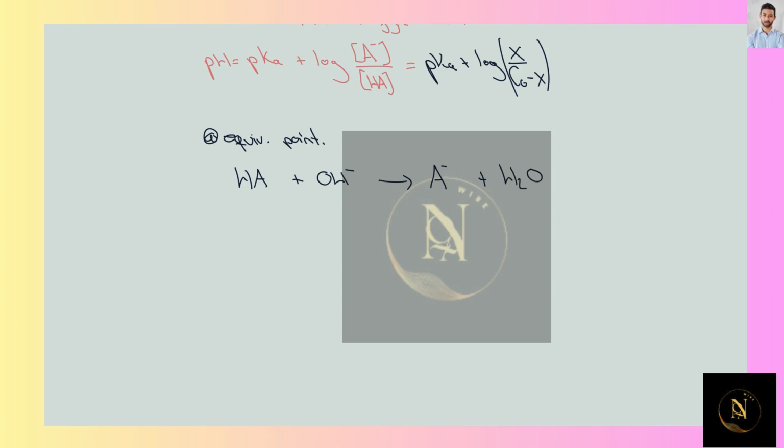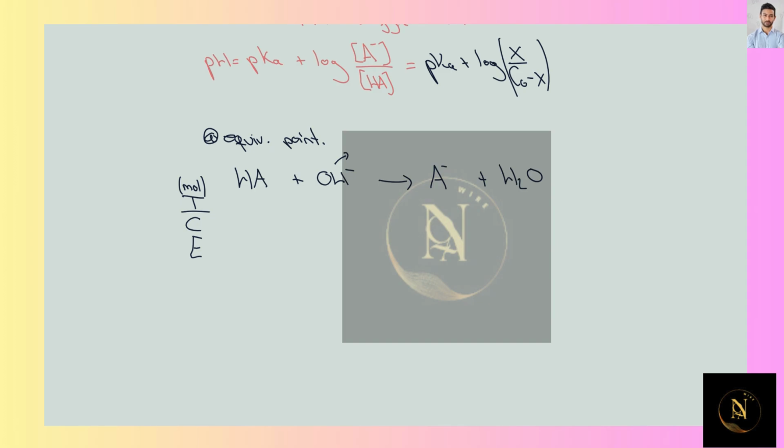For this case, I'm going to write down the ICE table, but now in terms of moles instead of concentration, because you know the initial amount of moles of your weak acid, and you know the amount of moles of OH minus that you need to add. But the total volume is going to depend on the concentration of the base.